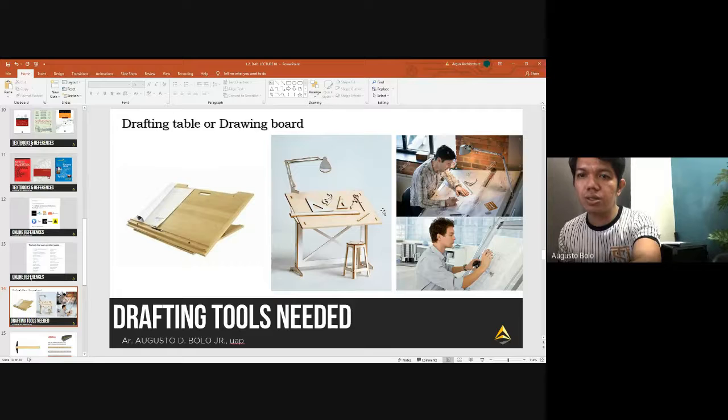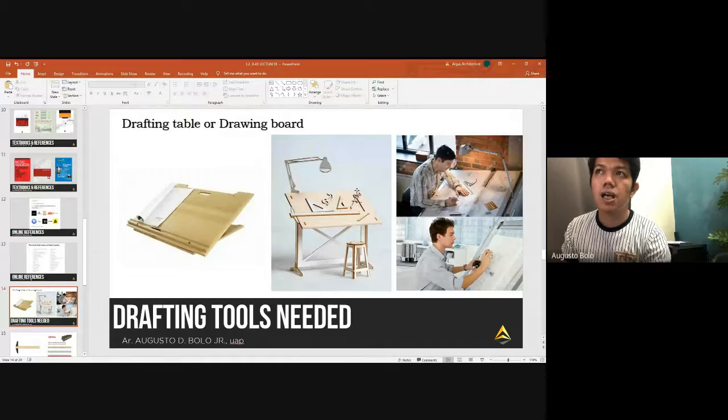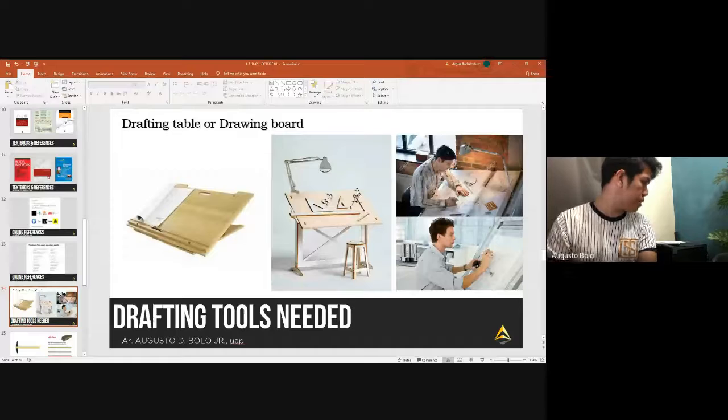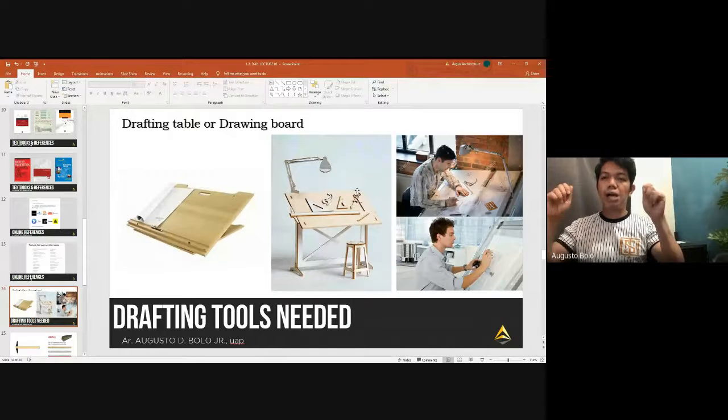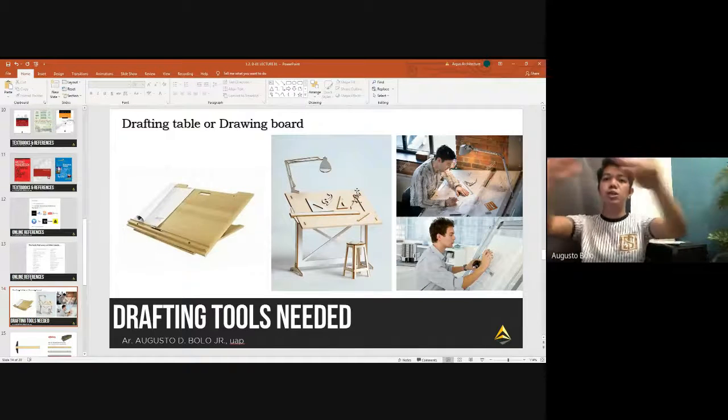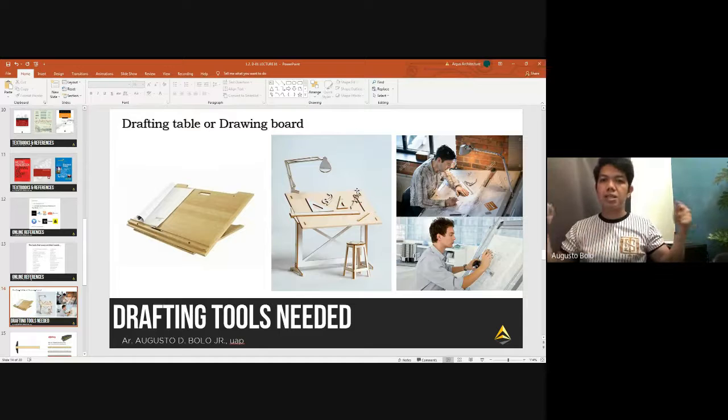Sorry, may question tayo. I have here a question. Kung magpapagawa po, sir, ano pong preferred size? Okay, preferred size, I can give it to you, pero for as long as kaya ang 20 by 30 inches na tracing paper. Ang magandang reference is ang cartolina, the white cartolina, the size of that one, okay yun na reference para sa size ng drawing table.